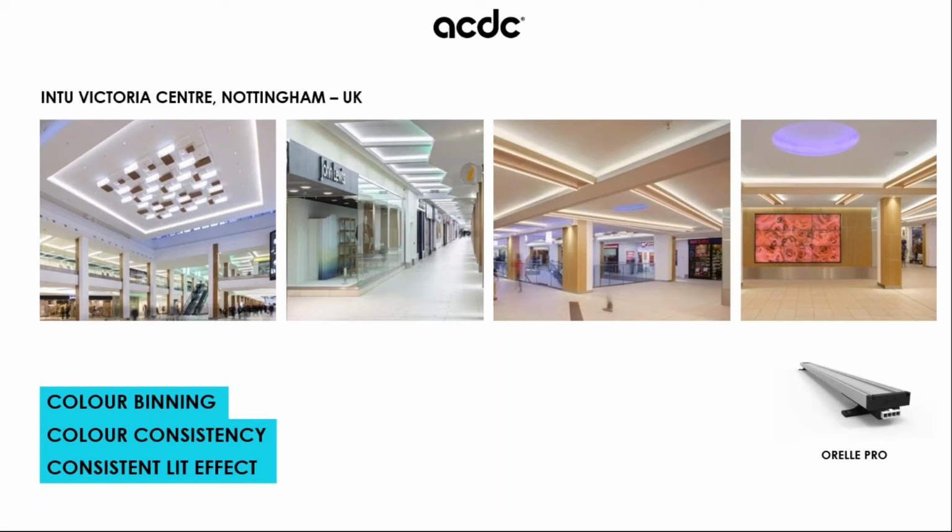We're grazing the light up and onto the ceiling. But I think my main point here that I would emphasize is about the color binning, the color consistency, the consistency of the lit effect. It is so important within this retail mall, within this environment, that there is a consistency from one LED to the next, from one luminaire to the next, so that these coves are consistent.